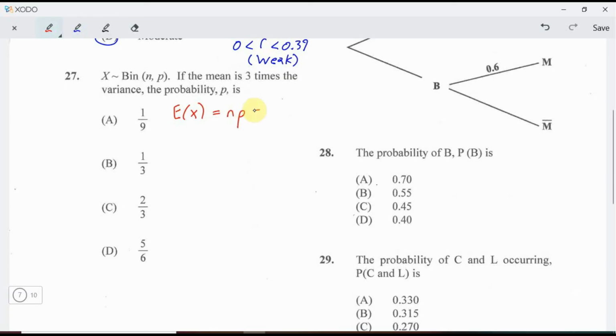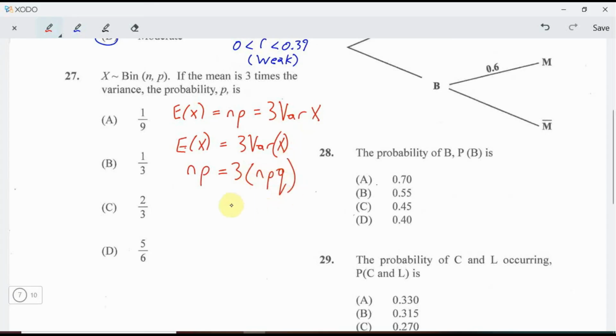But E of X is NP, and 3 times var X is N times P times Q. Now they want us to find P. So NP equals 3NP in bracket 1 minus P, because that's our Q. If we divide both sides by N, this is gone.